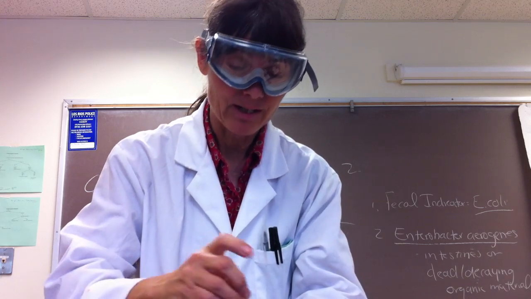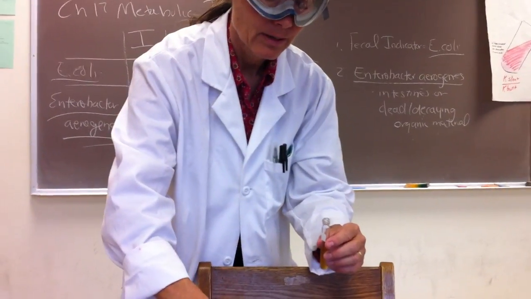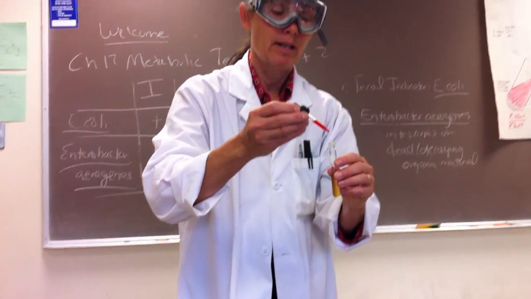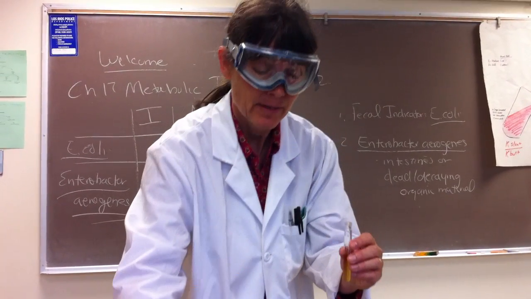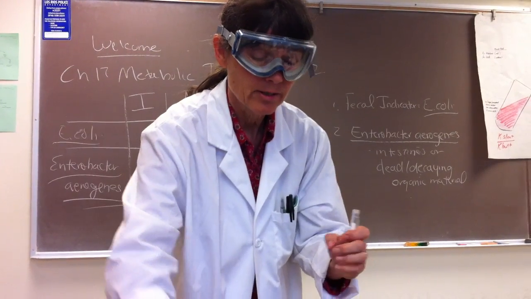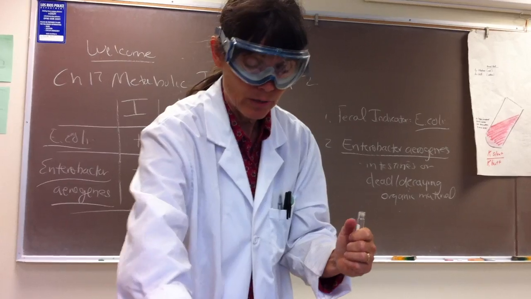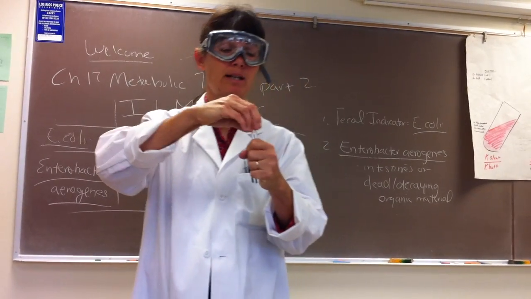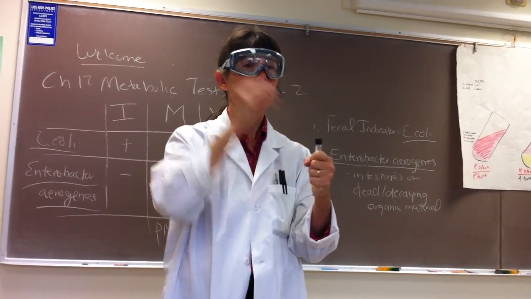So you want to put your goggles on, and to each of my tubes I'm going to add how many drops? 4. Okay, 4 drops. All right, so we're going to add 1, 2, 3, 4. Okay, if mixed acid fermentation occurred and the final pH is below pH 4.4, what color should my broth be? Red. Remember, methyl red turns red with low pH, pH 4.4.